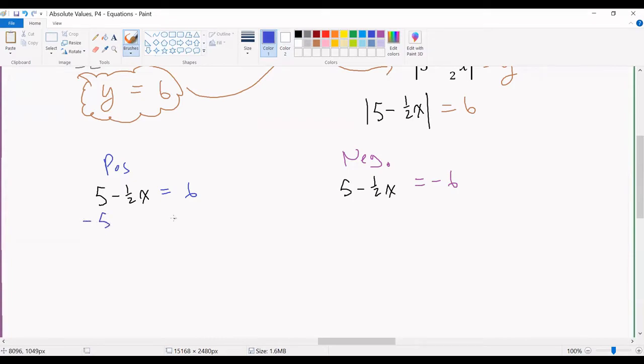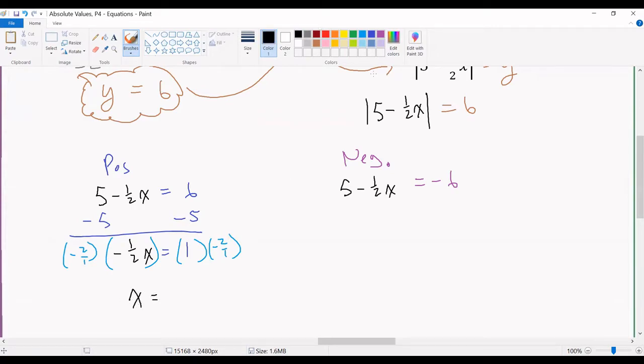We're going to subtract both sides by 5, solving for our x value. So we have negative 1/2 of x is equal to positive 1. Then multiply by the negative reciprocal. So multiplying both sides by negative 2 over 1, allowing us to have now x is equal to negative 2.